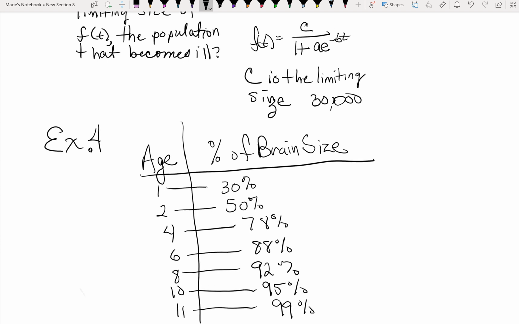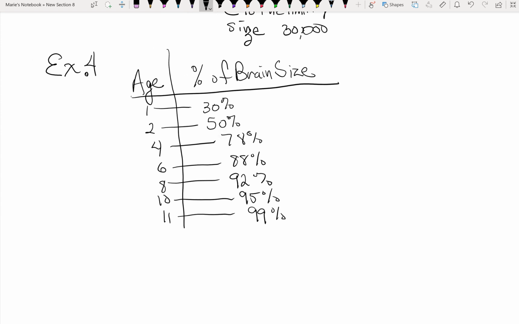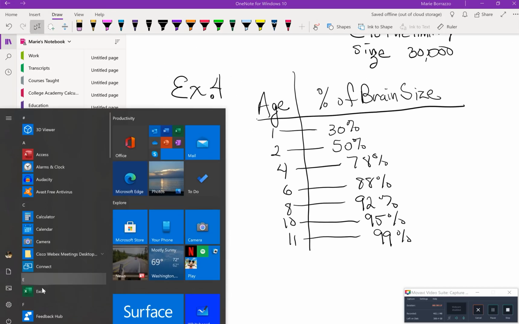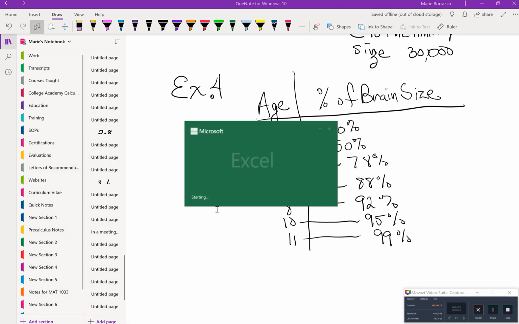Okay, and if you diagram it in Excel, which I can do for you, if you want to do it with me together, we could. Let me open up my Excel, and I'm going to show you what the scatter plot for that data would look like.